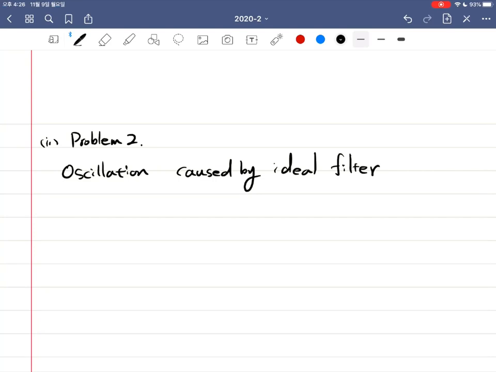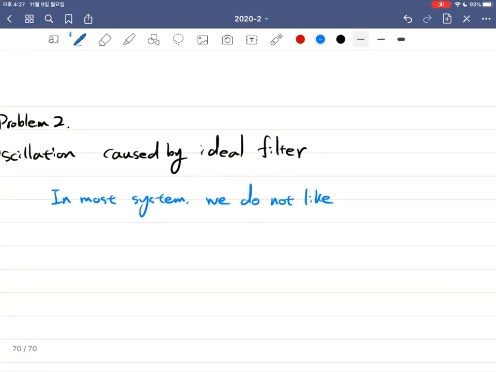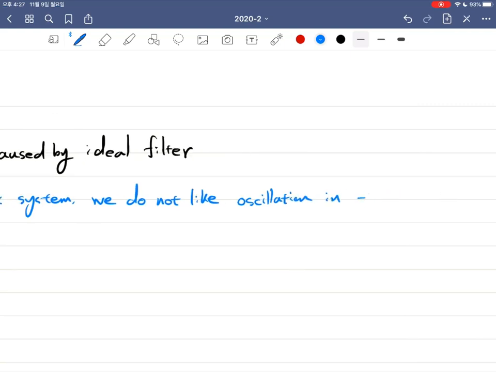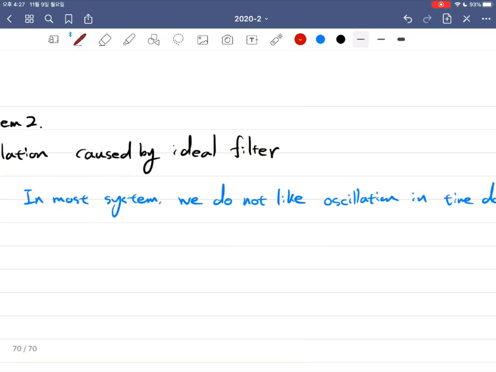And in most systems, we never like oscillations in the time domain, especially if we are talking about control systems.